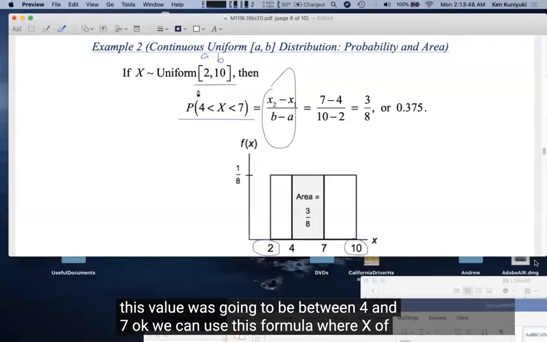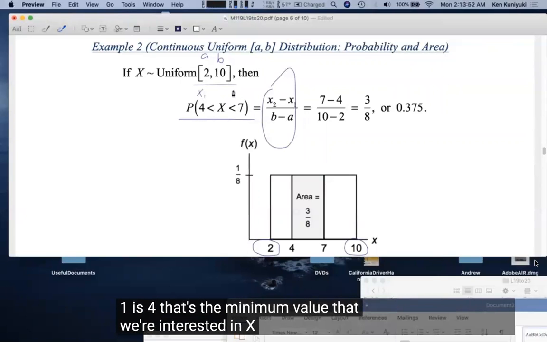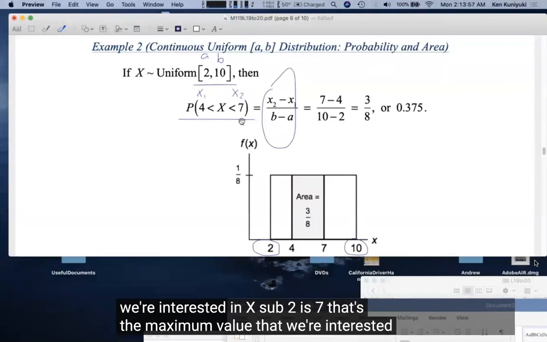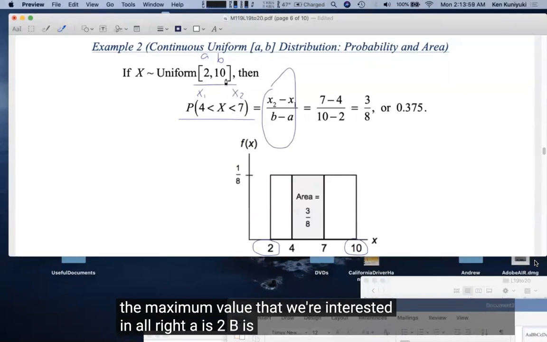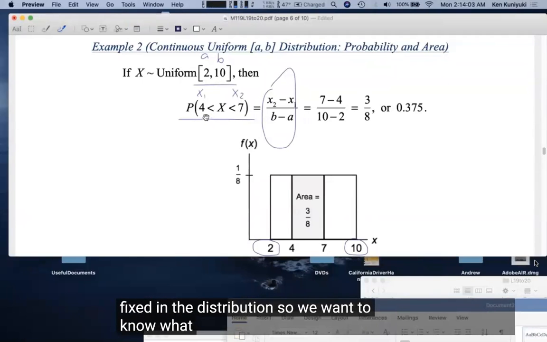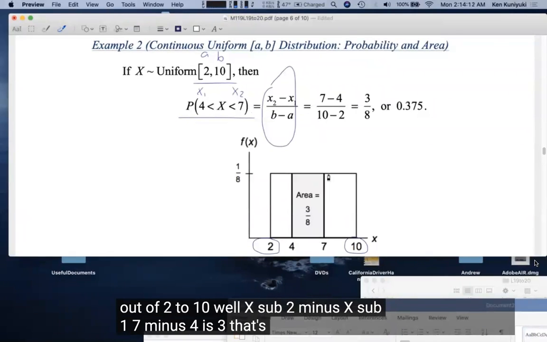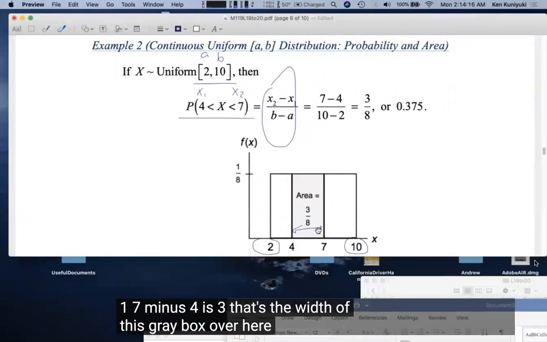where x sub 1 is 4. That's the minimum value that we're interested in. X sub 2 is 7. That's the maximum value that we're interested in. Right? A is 2, B is 10. That was fixed in the distribution. So we want to know what proportion does 4 to 7 make out of 2 to 10? Well, x sub 2 minus x sub 1, 7 minus 4 is 3. That's the width of this gray box over here.